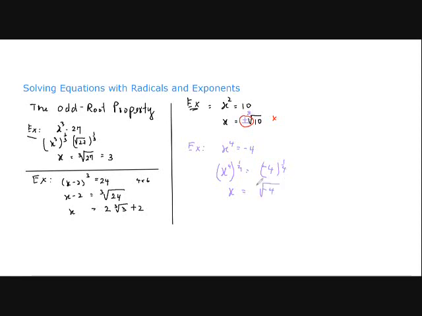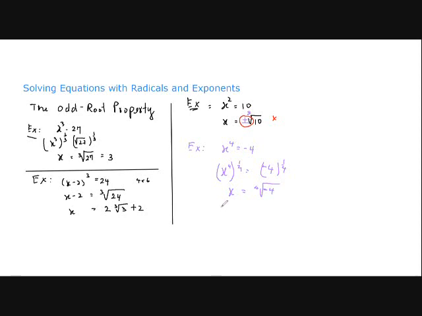A negative under an even root has no real solution, because the fourth power of any real number is non-negative. So there is no solution.